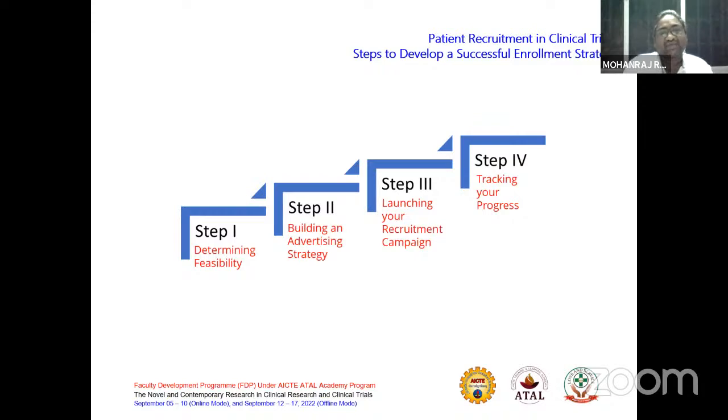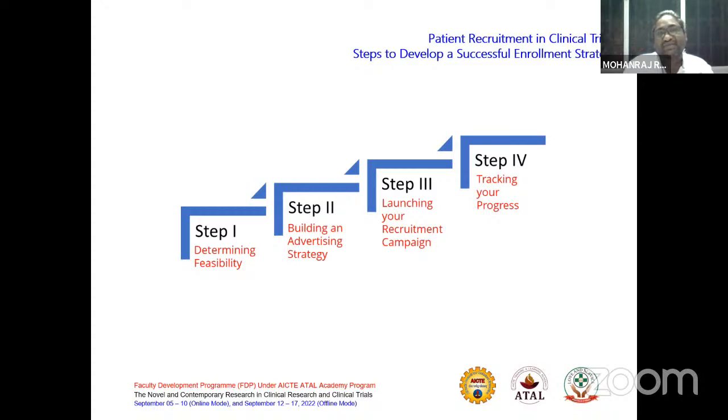The very first step relies on the entire research team, where they have to focus on determining the feasibility of the particular clinical trial or research.